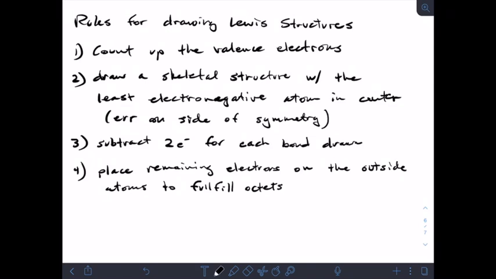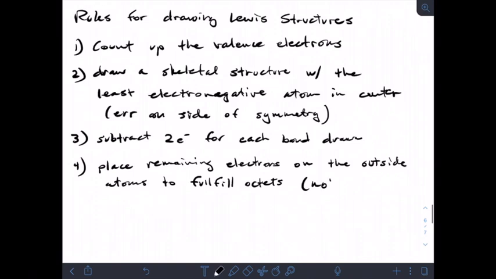Not hydrogen. That's important because you need to remember that hydrogen only has a 1s orbital, which means that it can only hold 2 electrons. This is very important.